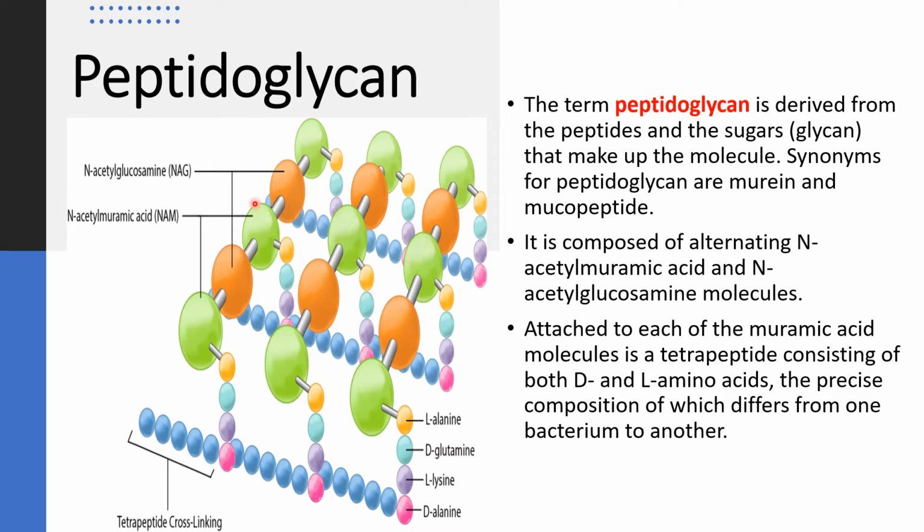It is composed of alternating N-acetyl muramic acid and N-acetyl glucosamine molecules, and attached to them are the tetrapeptides consisting of both D and L amino acids, the precise composition of which differs from one bacterium to another.